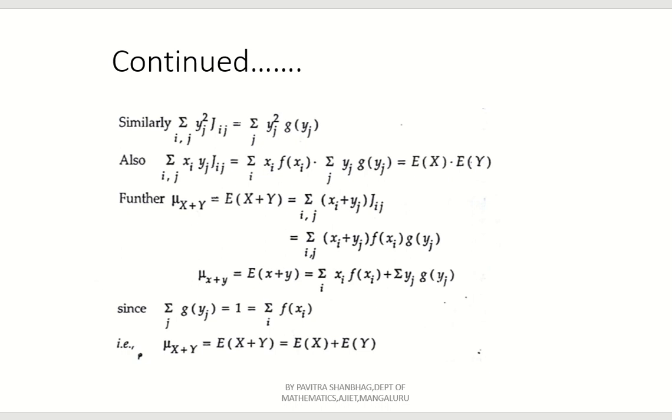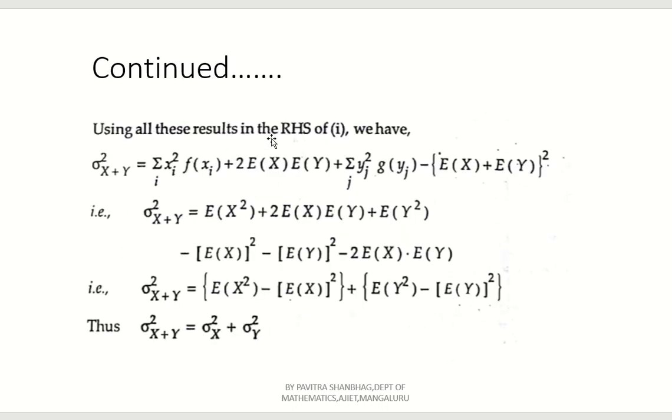Okay. Now lastly, using all these in the RHS of the expression, what is sigma x plus y whole square? That is summation xi square f(xi) plus 2 times expectation of x expectation of y plus summation yj square g(yj) minus E of x plus E of y whole square. Which is nothing but E of x square plus 2 into expectation of x expectation of y plus expectation of y square, minus, simplifying a plus b whole square, E of x whole square minus E of y whole square minus 2 Ex into Ey.